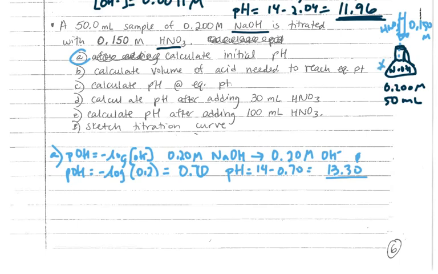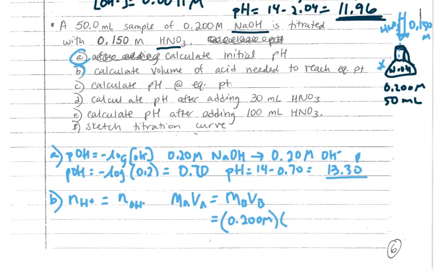Now calculate the volume of acid that's needed to reach the equivalence point. To reach the equivalence point, the moles of acid equal the moles of base. In other words, the concentration of acid times the volume of acid equals the concentration of base times the volume of the base. We know the concentration of the base is 0.200 molar, and the volume of the base is 50 milliliters.